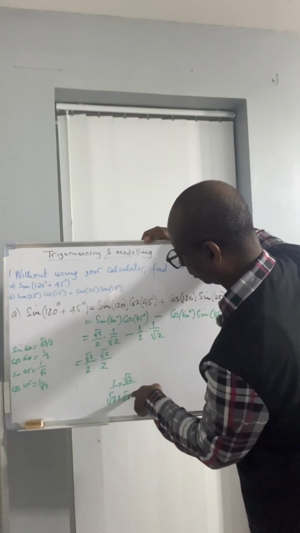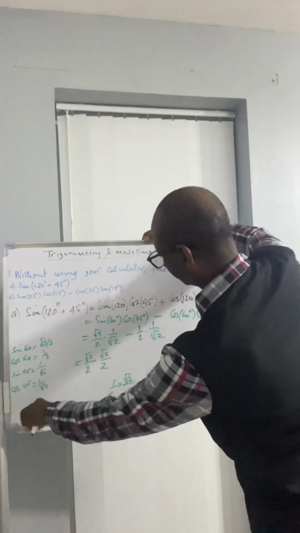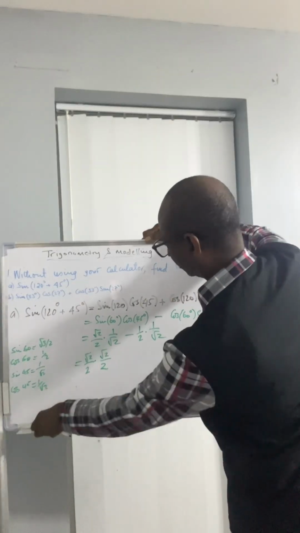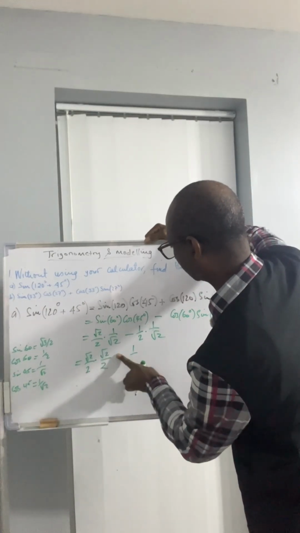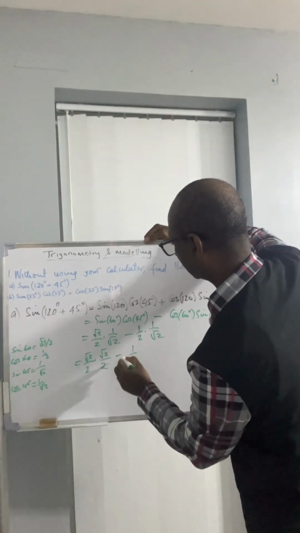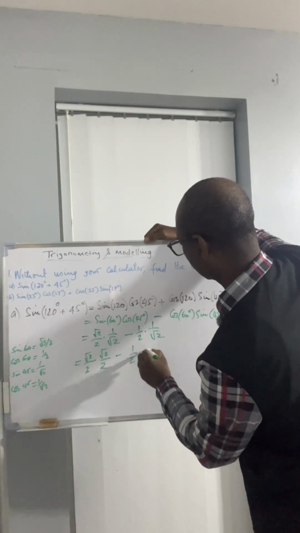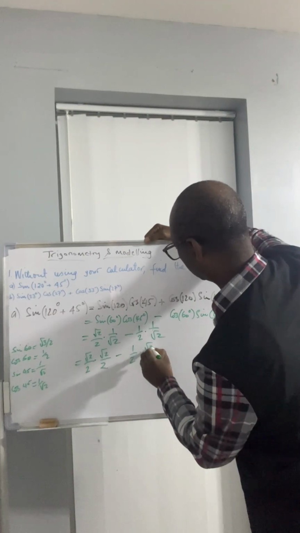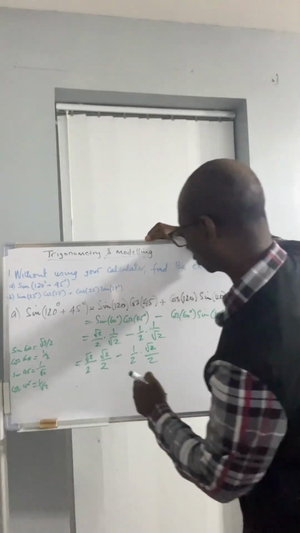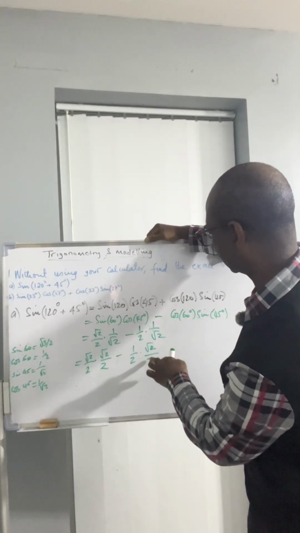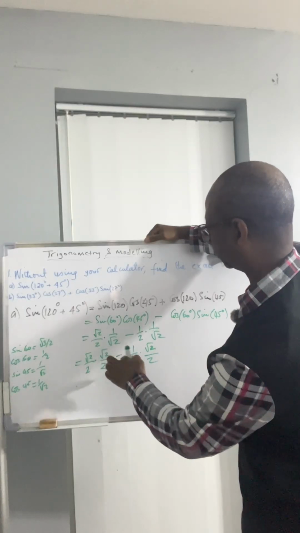So now you have 2 at the bottom, then you have root 2 at the top. Rationalizing. So that's what you get here. Here again, you have your minus 1/2 times root 2 all over 2. Yeah? So we can factorize the root 2's.